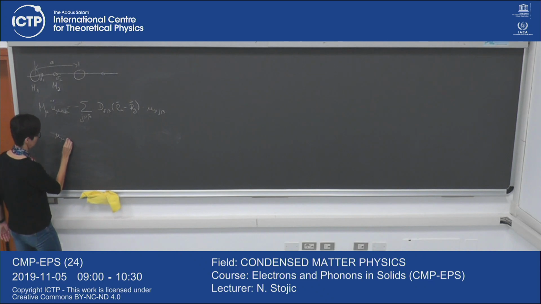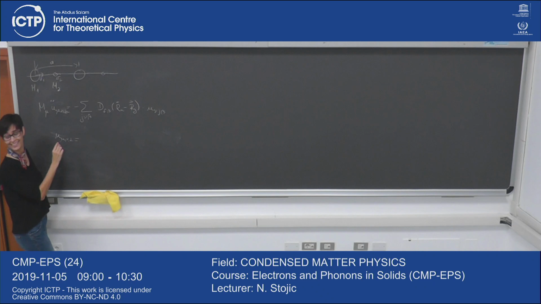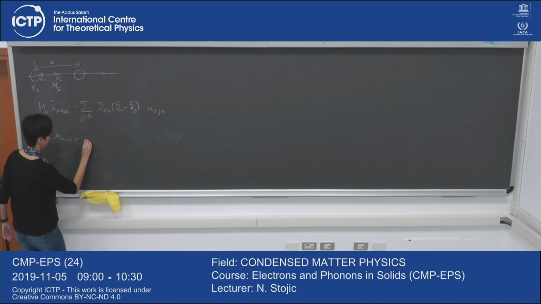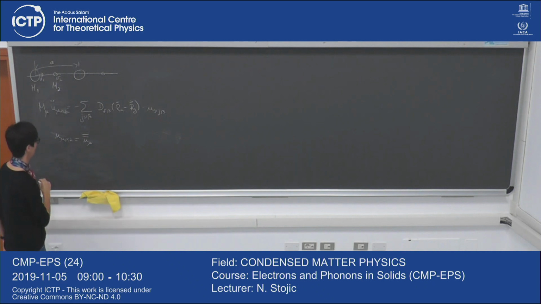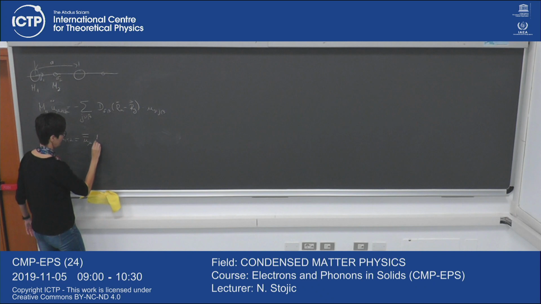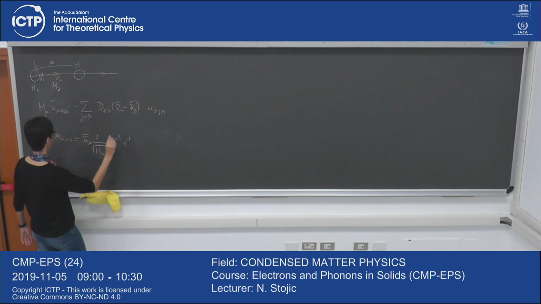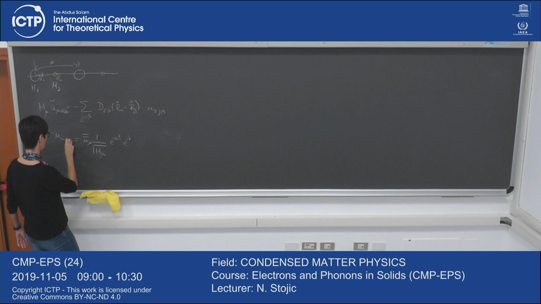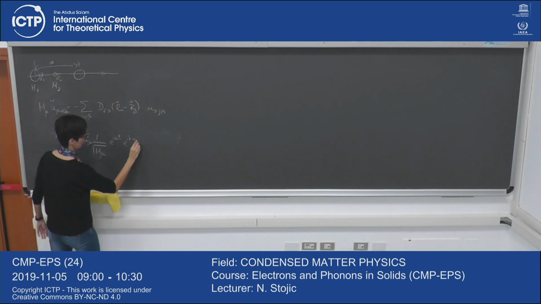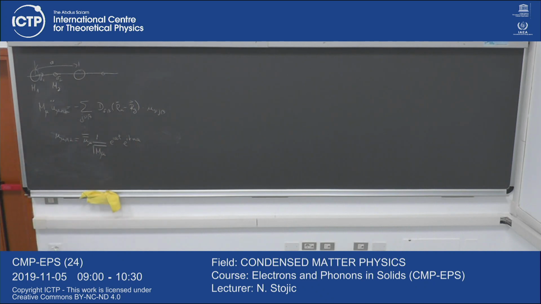Mu alpha, and it will be 1 over square root of m mu times e to the I omega t, I k. Sorry, this is n and a in 1D.